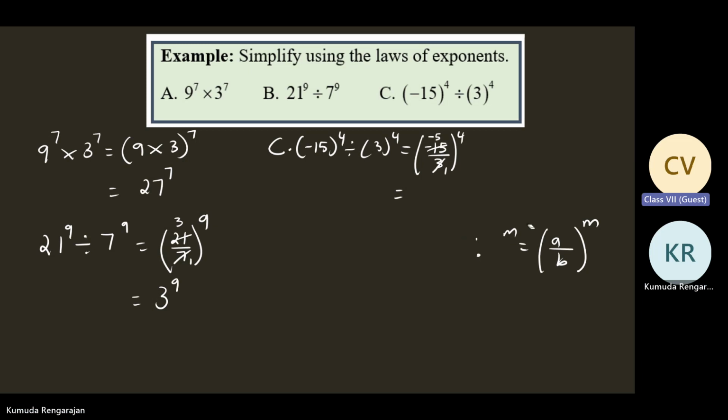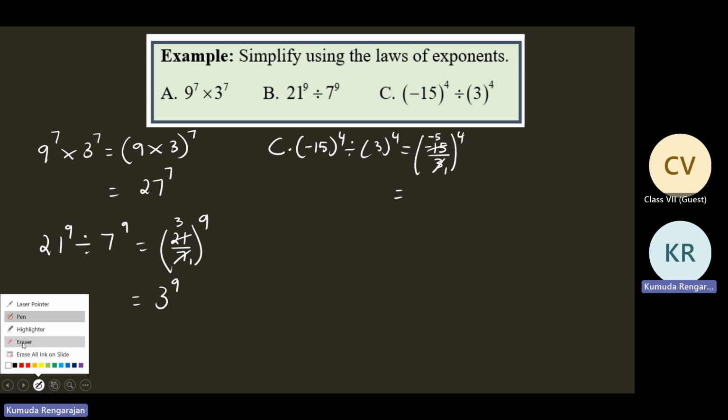Yes, ma'am, I have a doubt, ma'am. You only told us to not see the signs, just see the number. Last class you told us don't see the symbol, just simplify like 3 ones and 3 fives are. Okay, fine. Yes, I understand your doubt. Don't put the minus. Okay, fine.